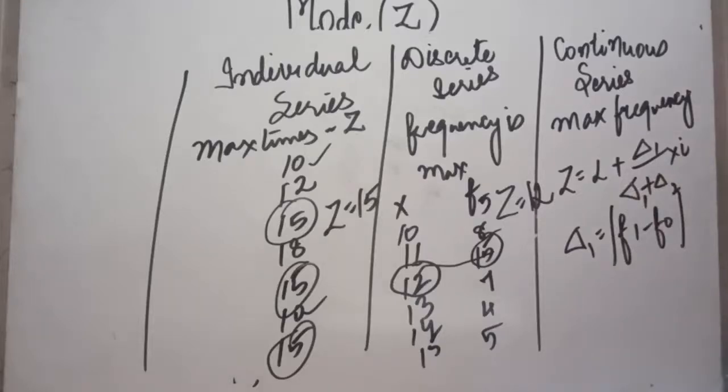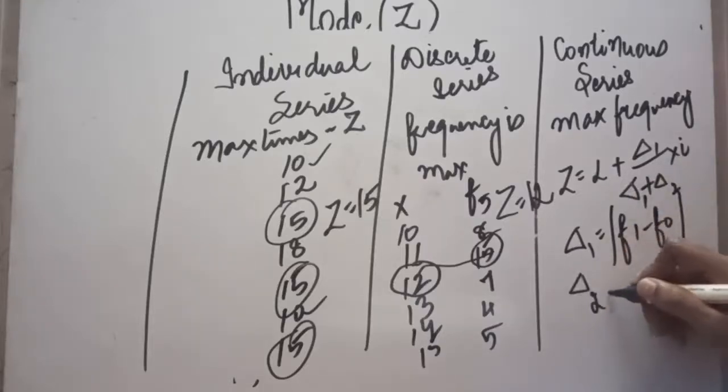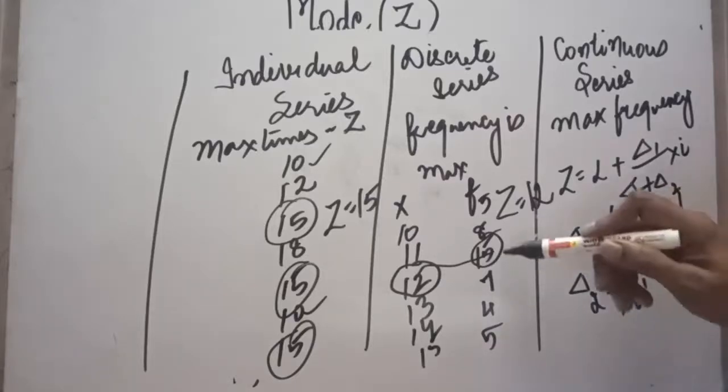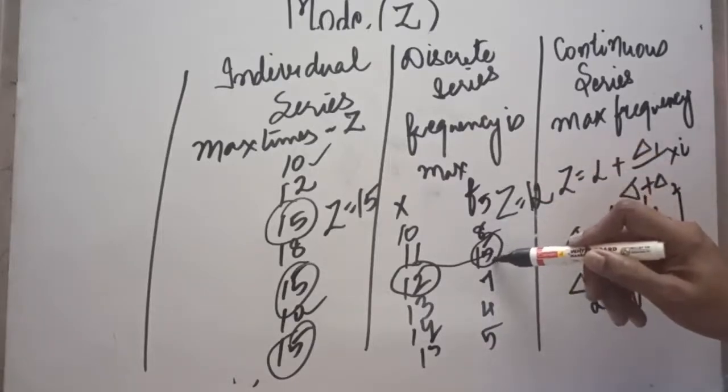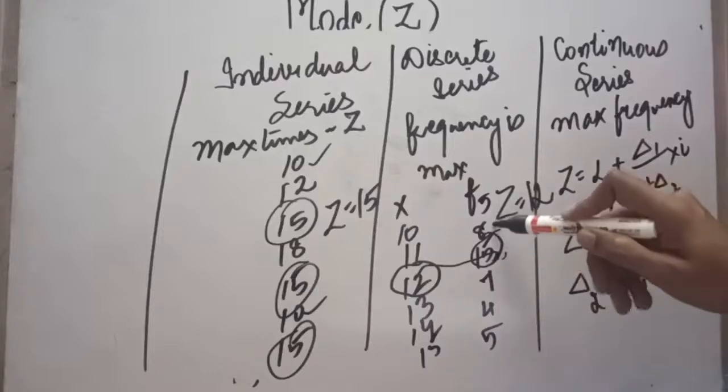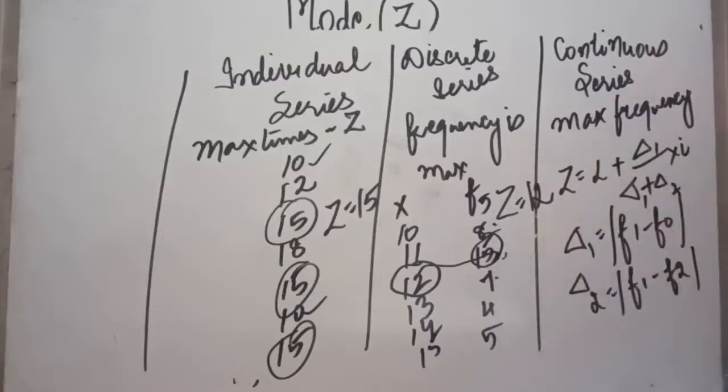Modulus means negative signs have to be ignored, and delta 2 is f1 minus f2 in modulus. Now f1 is that frequency that is appearing the maximum number of times. If I take this example and put class intervals over here, this will become f1, this will become f0 and this will become f2. So in case of continuous series we apply this formula, and with the help of the formula we make the calculation.